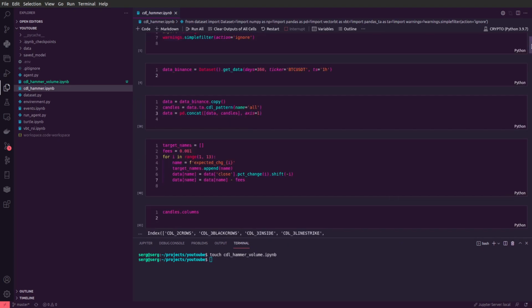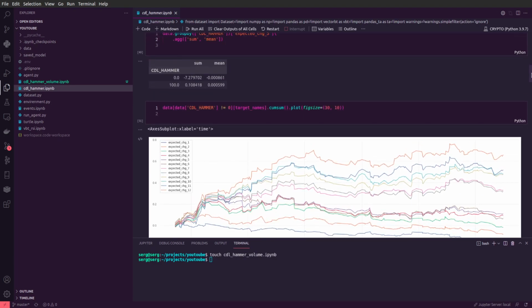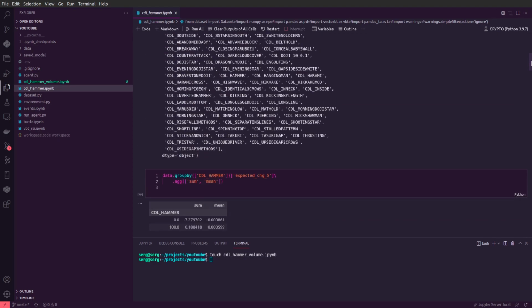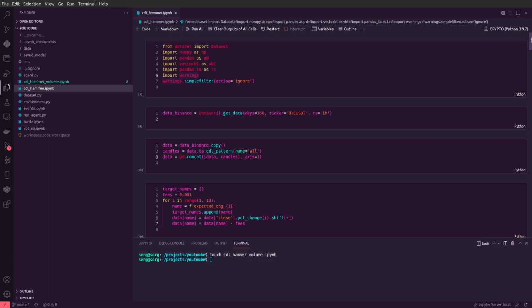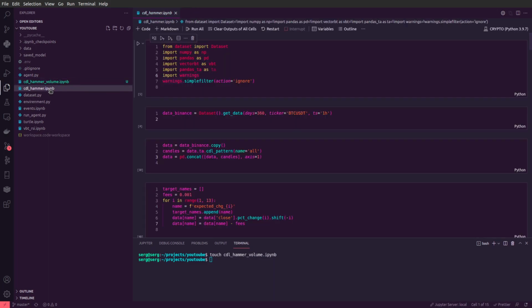So let's find some combination and do some improvement, because when you work as a quantitative trader, you need to find other alpha factors to improve your ideas, and you spend a lot of time finding ideas for how to improve it. So let's create a new Jupyter notebook, and I recommend you create a new Jupyter notebook for each experiment, for each test.